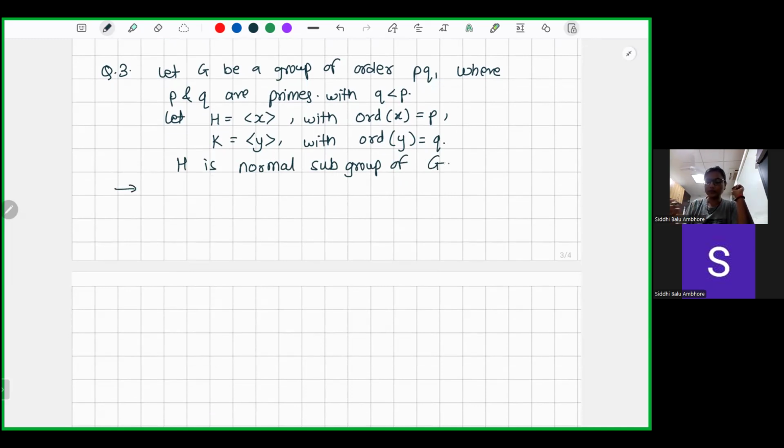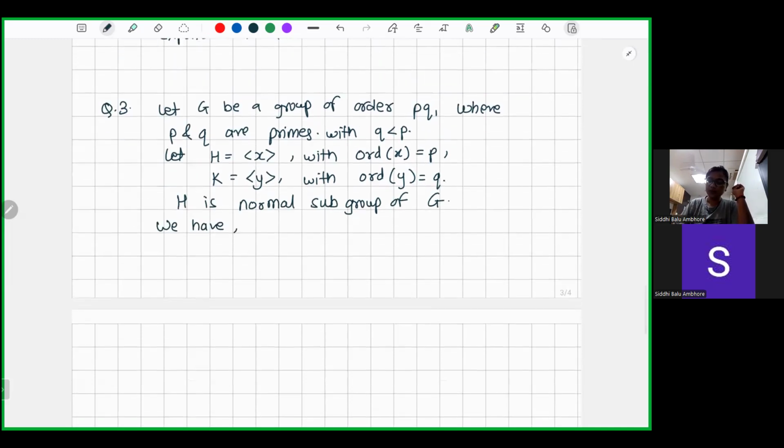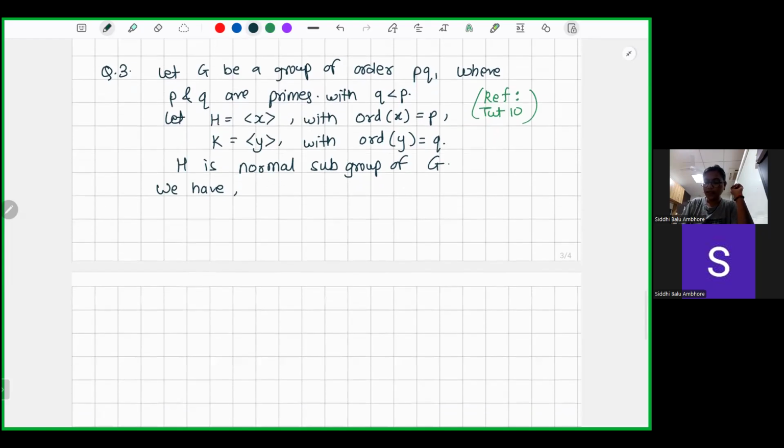And then you can refer to this question from tutorial 10. I'm just writing down all the things which we did there. And we had this, that y x y inverse is some x power i.